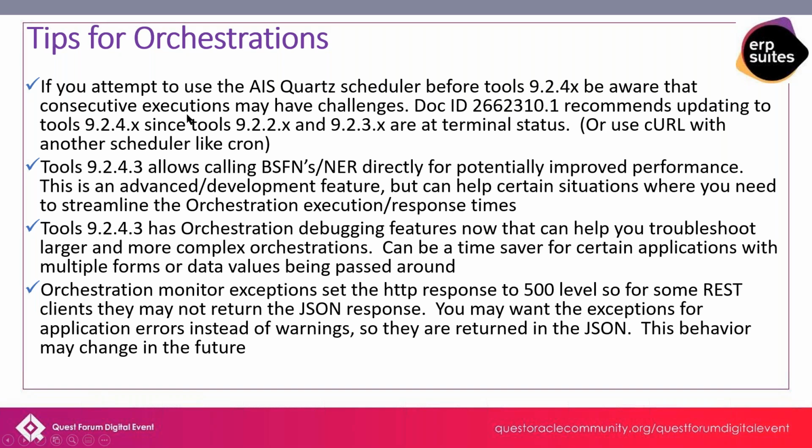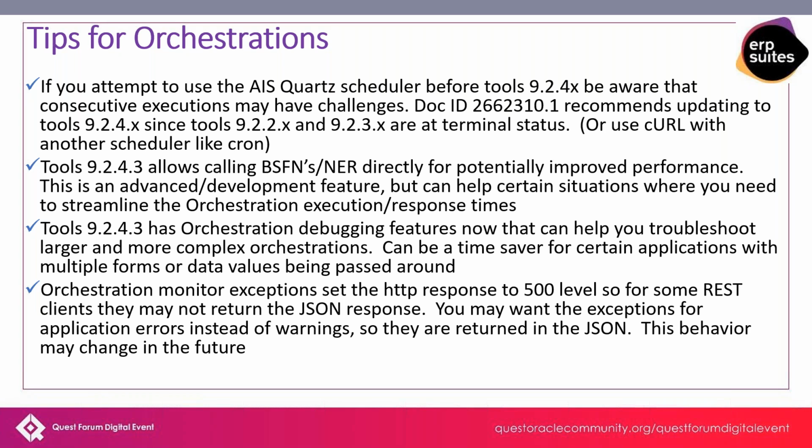another tip though that I just recently saw is we're using the chord scheduler. That's another reason why I keep talking about maybe using 924 before you attempt to use the AIS scheduler. This doc ID talks about basically recommending you go up to 924 because there are certain situations with 922X and 923X, they're at what we call the terminal status. There's no more fixes coming for those tools.